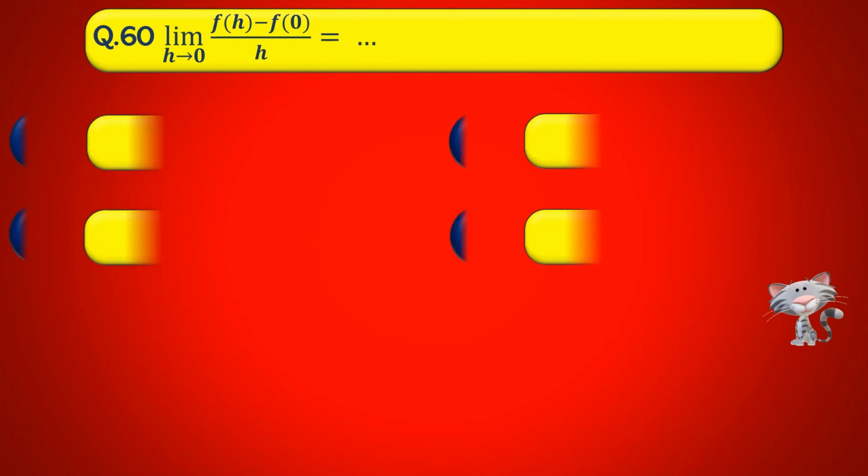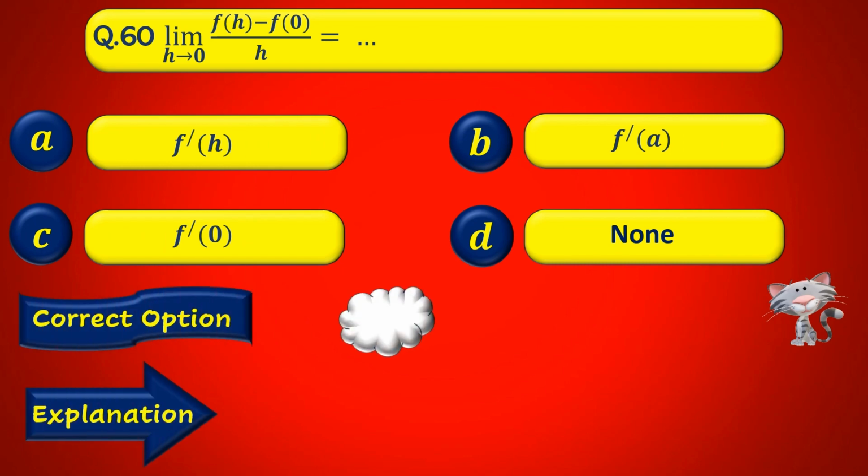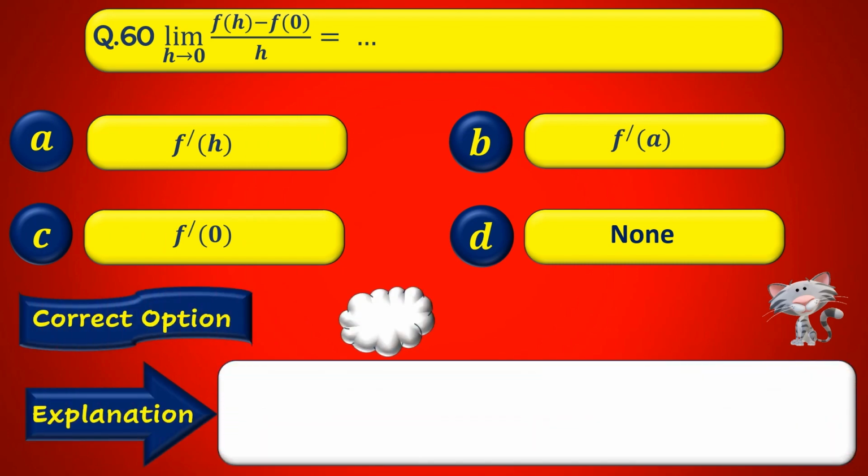Question number 60. Limit h approaches 0, f of h minus f of 0 over h is equal to. And the options are, let's check out which one is the correct option. By definition of derivative, we know that f dash a is equal to limit h approaches 0, f of a plus h minus f of a over h.